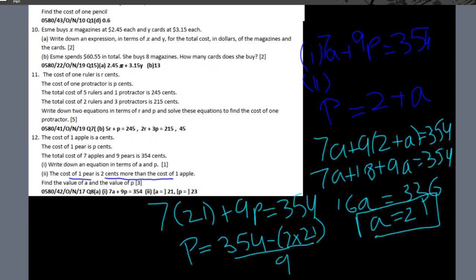So I'll enter this in my calculator, fraction key 354 minus 7 times 21, and in the denominator I'll enter 9. Which gives us 23. So the final answer is p equals 23 and a equals 21.